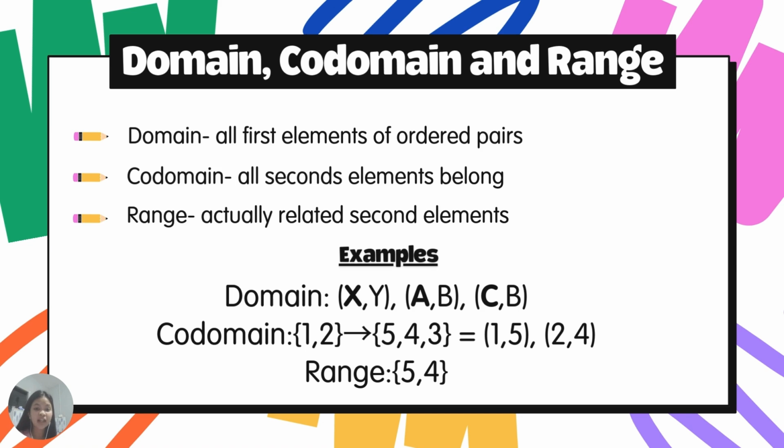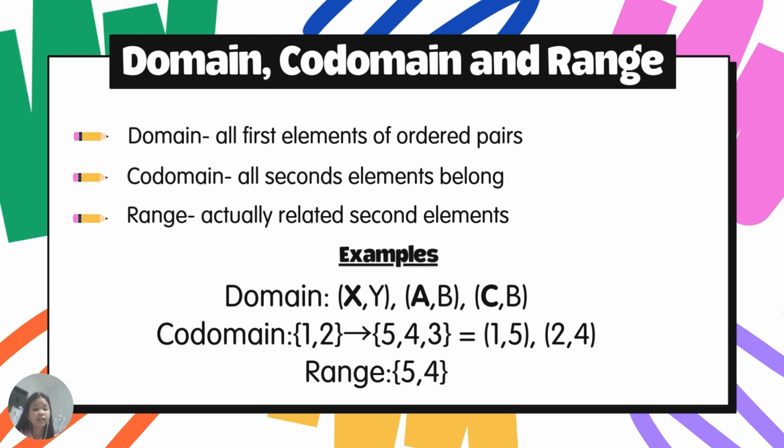Domain is the first element of the ordered pairs. So the bold ones right here, these are your domain. Domain is the input. That's how you remember what domain is. Domain equals input.